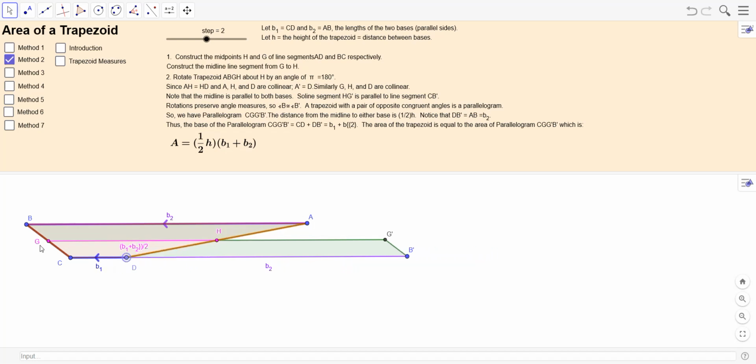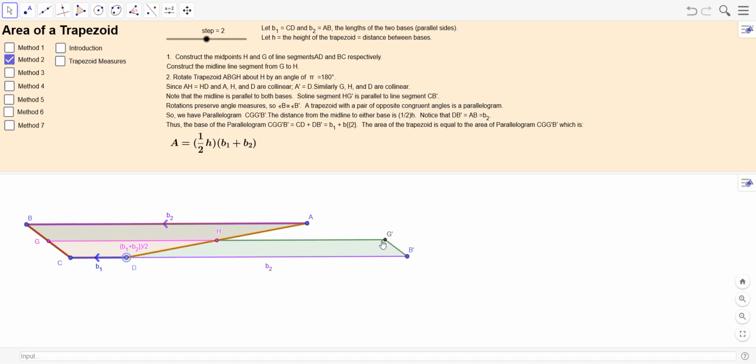Take this trapezoid on the top half, rotate it around point H until A is going to rotate to D. So rotate it 180 degrees or pi radians. And this is going to come down to here. This part's going to come down to there. Since this is a horizontal line, rotating 180 degrees will make it still be a horizontal line down here. And this line through this midline will rotate around and will be here too.